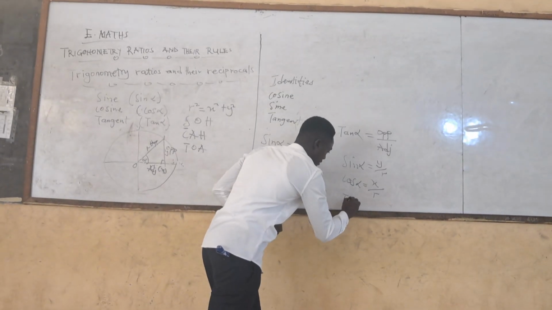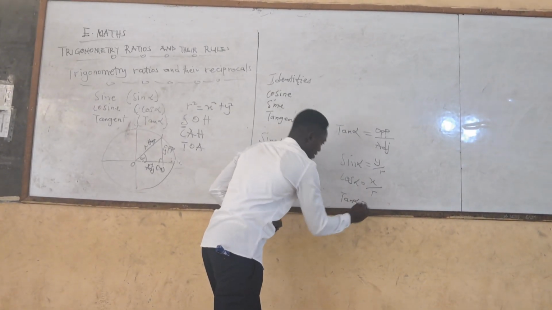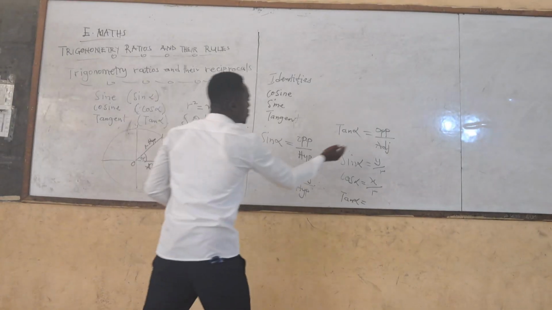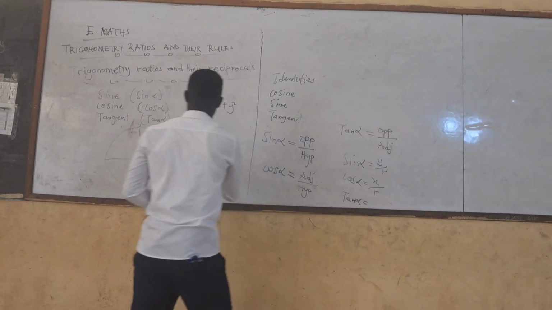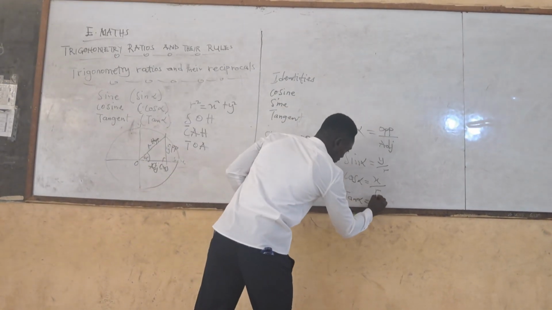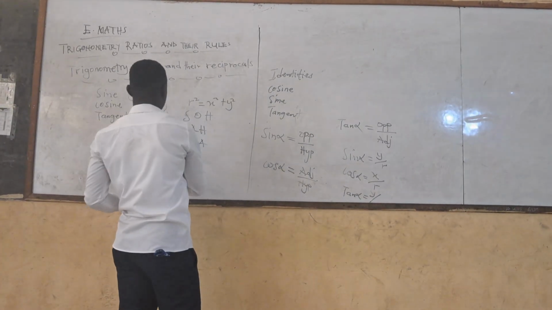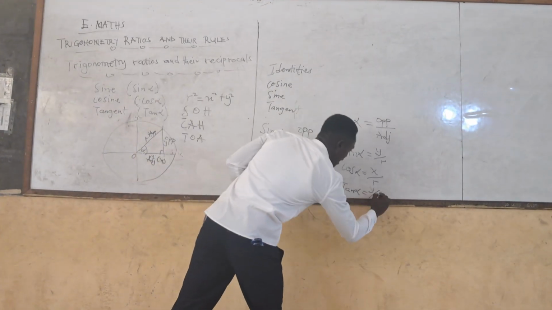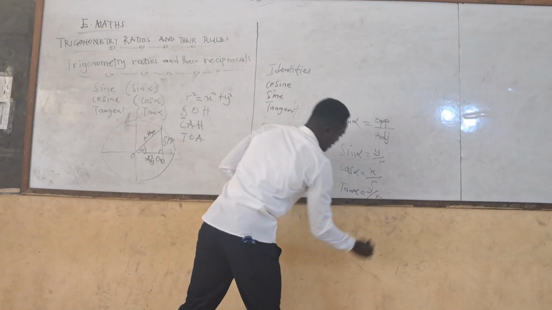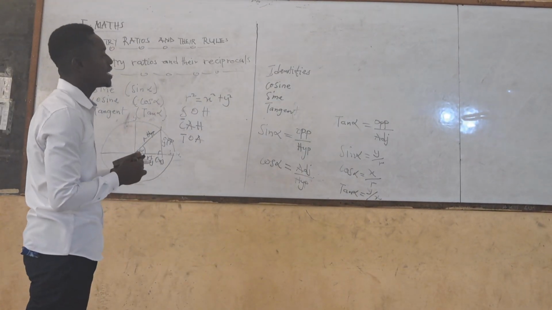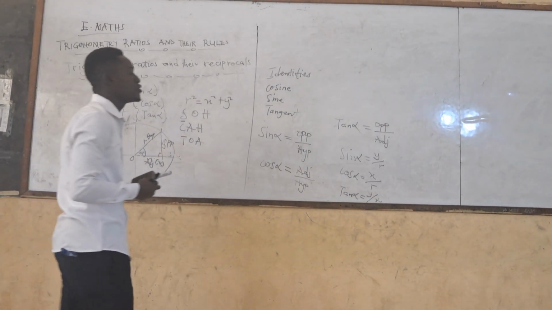Then tan alpha: the opposite is what? Y, over adjacent, which adjacent also is what? x. So these are the basic trigonometry ratios you know.